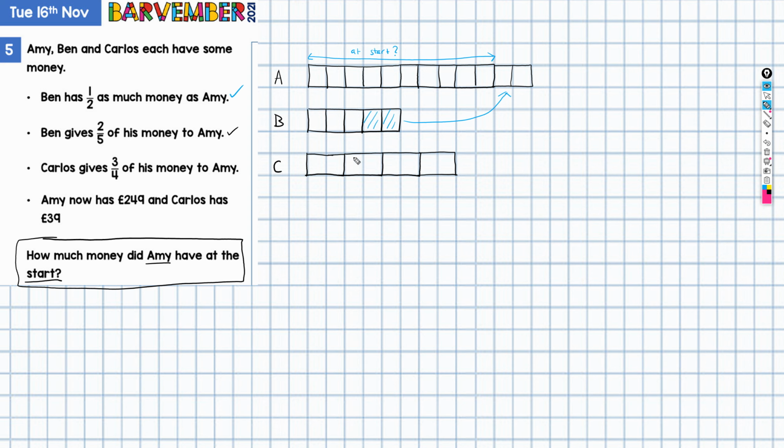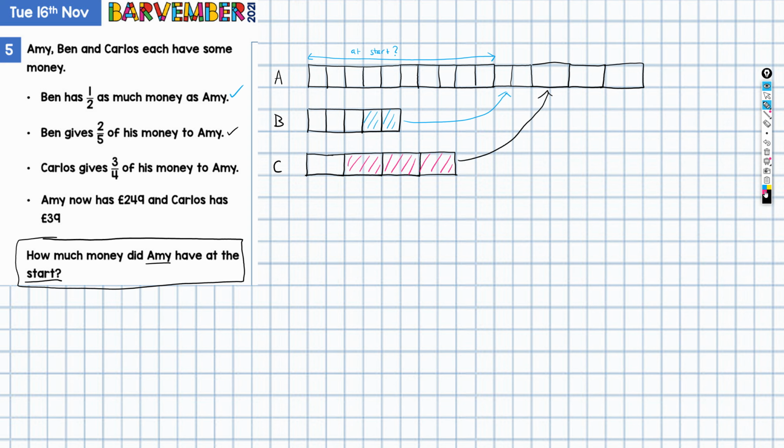Okay, so I don't know what Amy is doing to deserve all this largesse, but there we go. 3/4 of Carlos's money is going to Amy. And I'm going to draw them in here. So 3 of these portions.